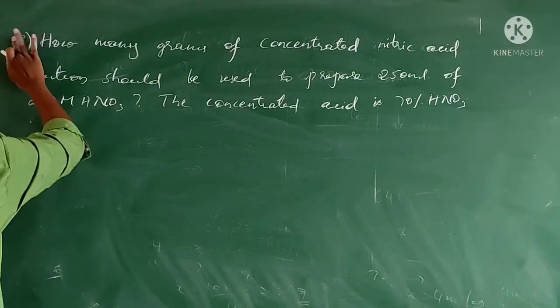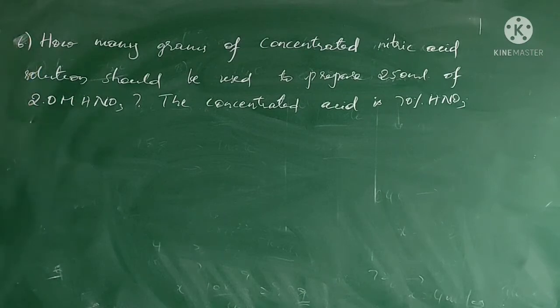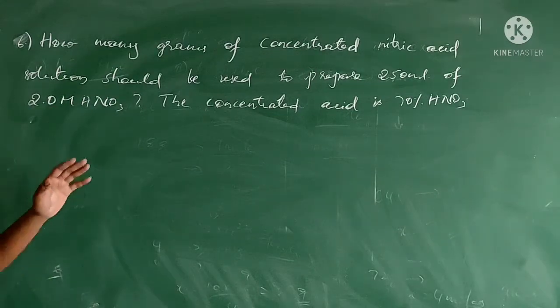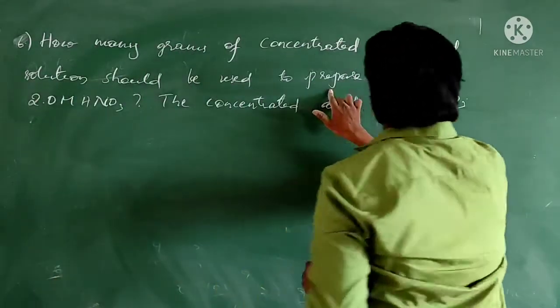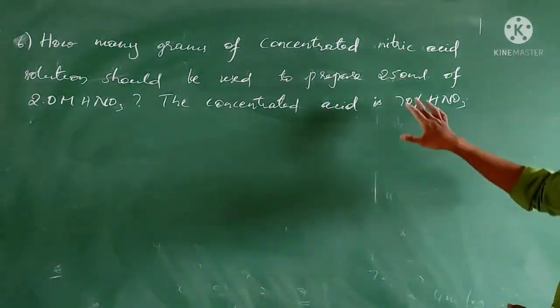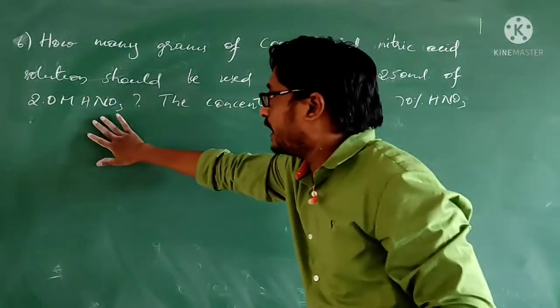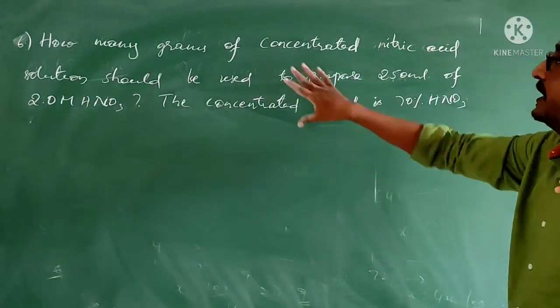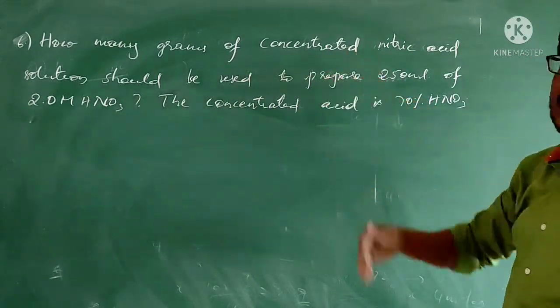Let us solve the next question, question number 6. How many grams of concentrated nitric acid solution should be used to prepare 250 ml of 2 molar HNO3? So to prepare 250 ml of 2 molar HNO3, what is the amount of nitric acid that is required?